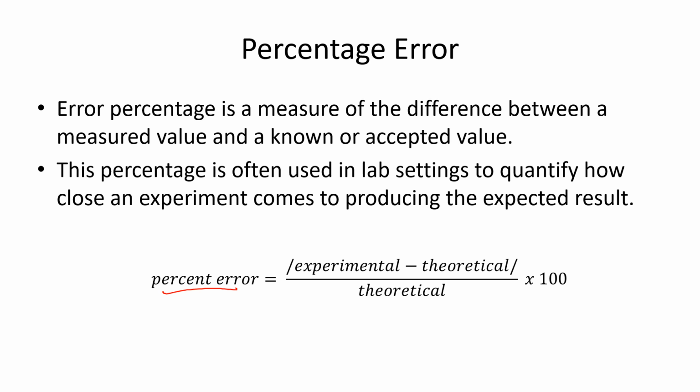And this time you're looking at the difference between what you got in your experiment and what you theoretically should have had based on some ideal value. So you subtract the two of those, get rid of any negative signs. That's what these are, like absolute value signs, and then divide by the theoretical value.